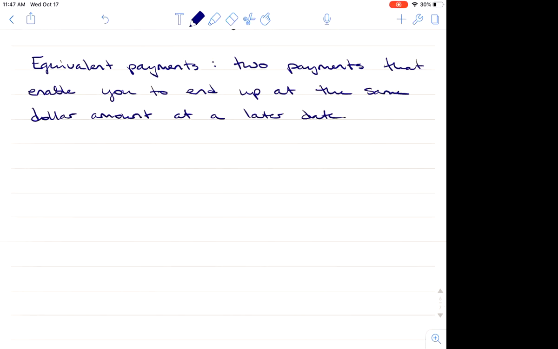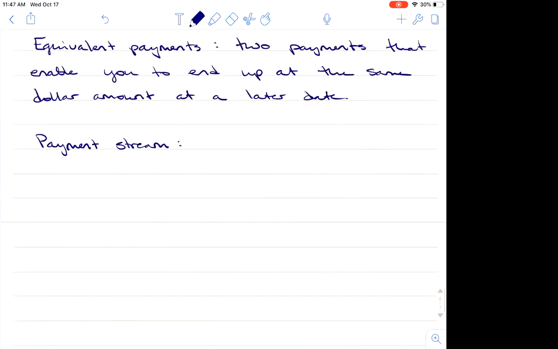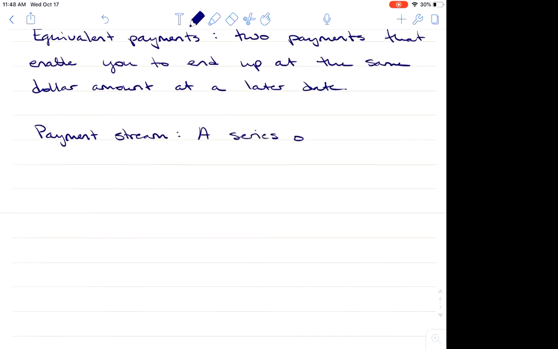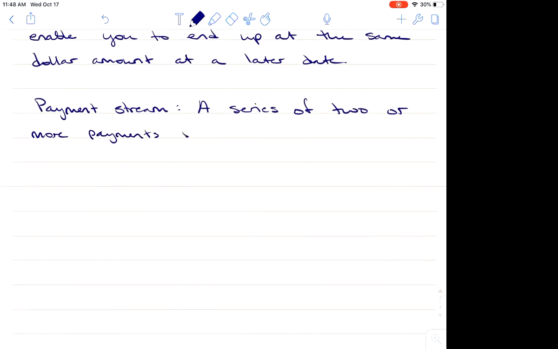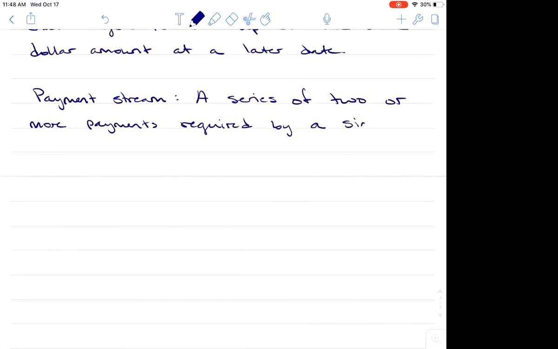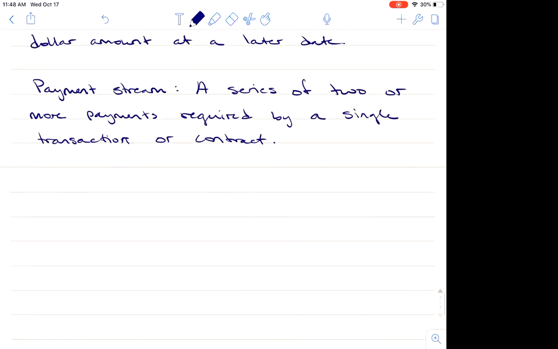So a payment stream is a series of two or more payments required by a single transaction or contract. We've already seen payment streams.